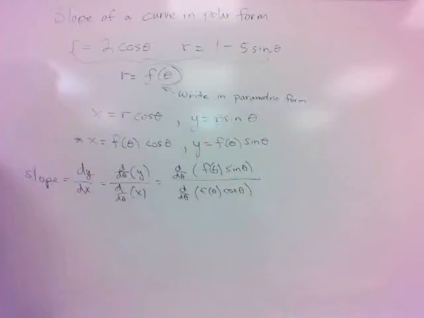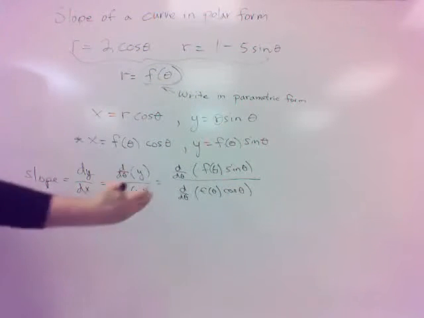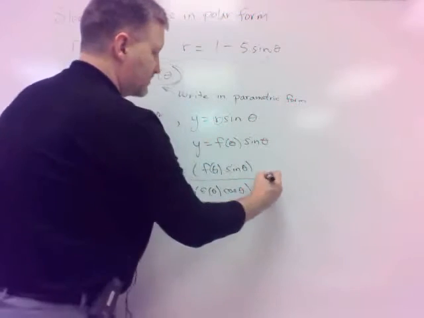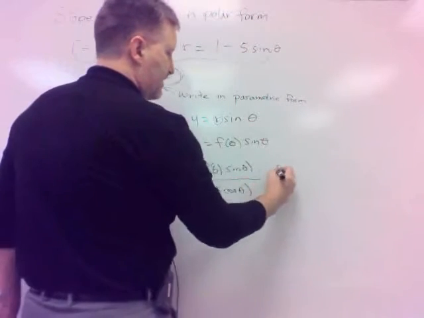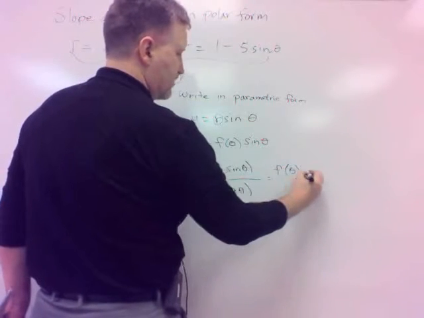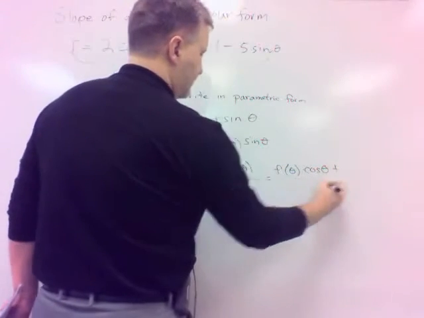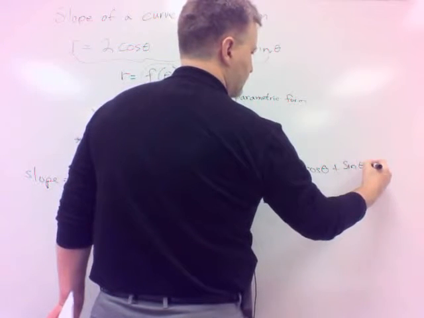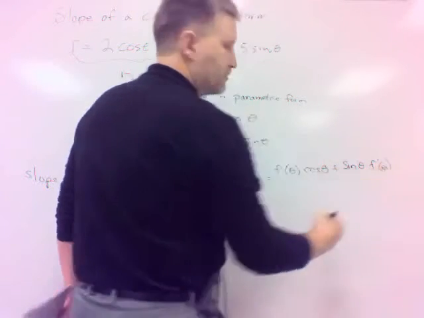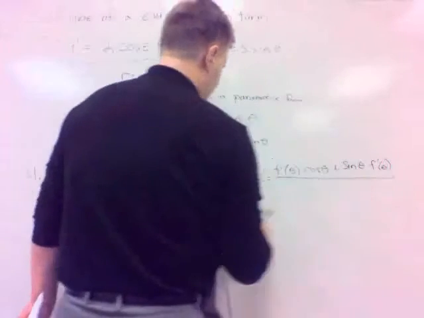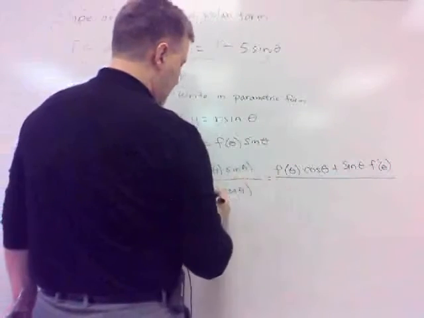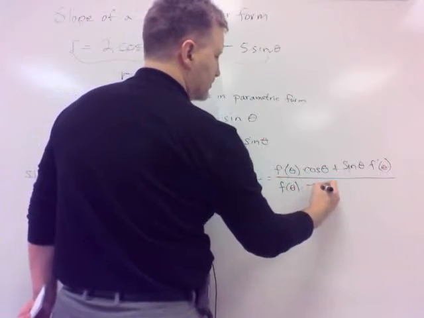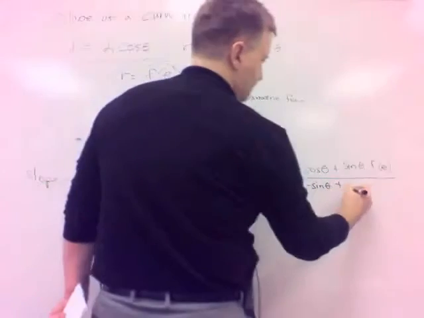See what I'm saying there? How am I going to do the derivative of f of theta sine theta? Well, it's going to be a product rule. So I do f of theta times the derivative of sine, which would be cosine, plus the sine times the derivative of f of theta. And then down here, same thing, but it'd be f of theta times negative sine theta plus cosine times f prime. Okay.